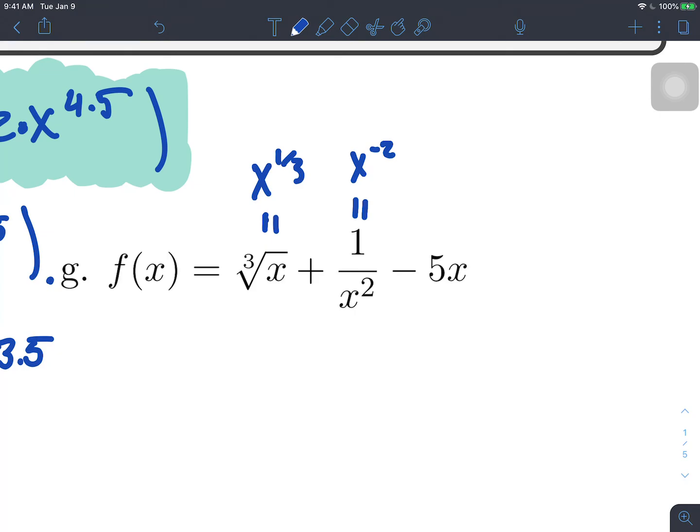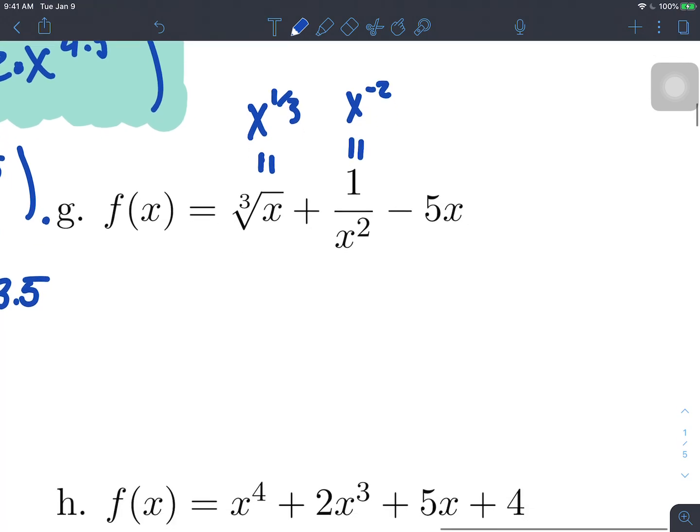So let's go through. What's the derivative of x to the 1/3 power going to be? Yasmin? Yeah, 1/3 x to the negative 2/3, plus, how about x to the negative 2? What's that going to become?